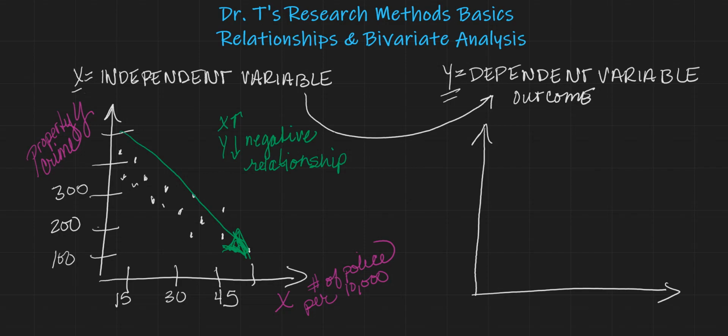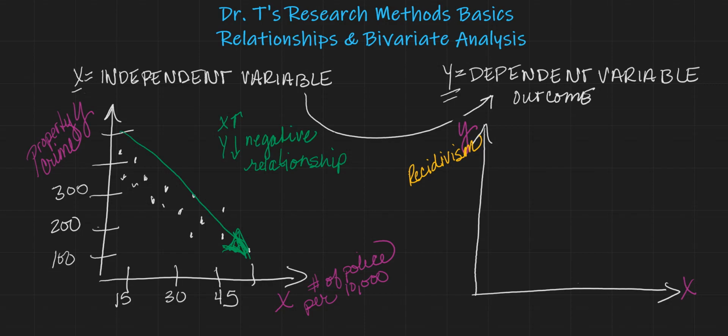Let's try another one. This time we're most interested in understanding recidivism. People returning to jail or prison for committing a crime after they've been punished for committing a similar or the same crime.